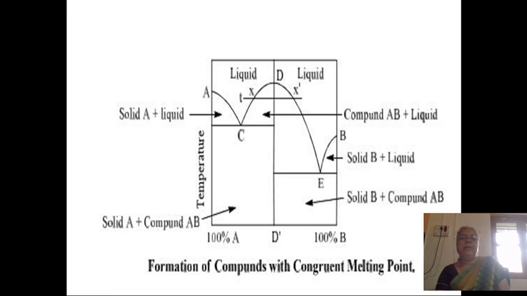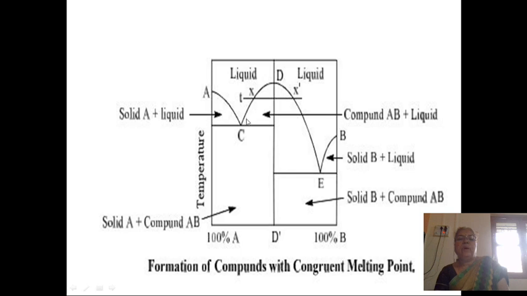Then as we increase the temperature of the system at this C point, the solid AB starts melting, and this is the melting point curve of solid AB.